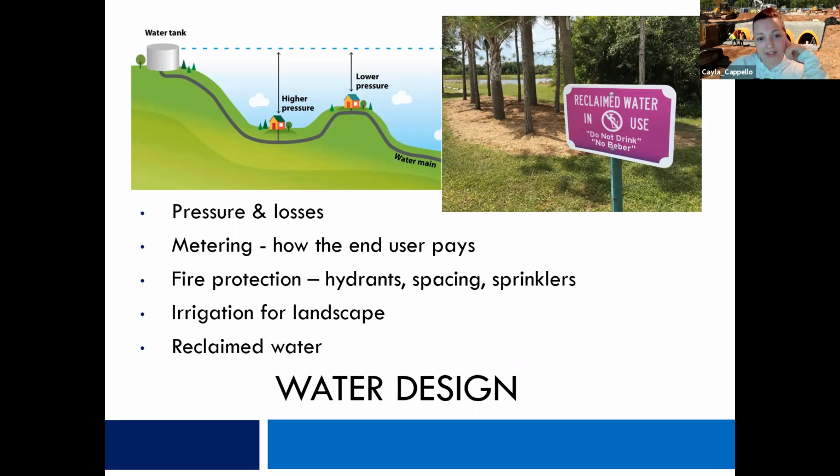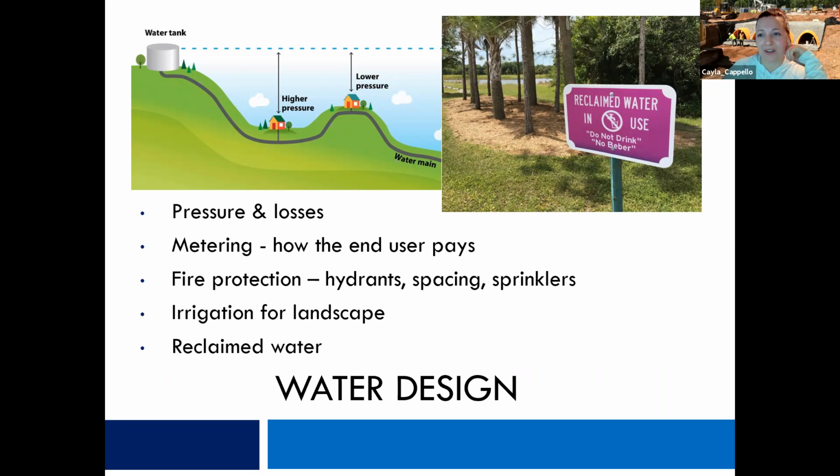So the other things to consider, obviously, is how people pay for the water that they're using. So we have to design systems to keep track of that for whoever is servicing it. Fire protection is a big one for water. So hydrants, and where those are placed, to make sure that if there is a fire, someone can reach each building.